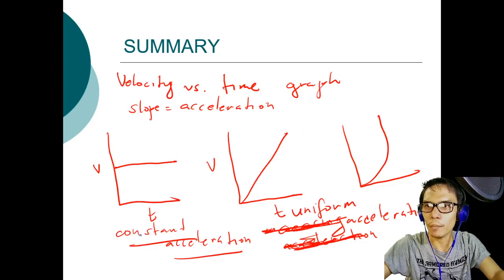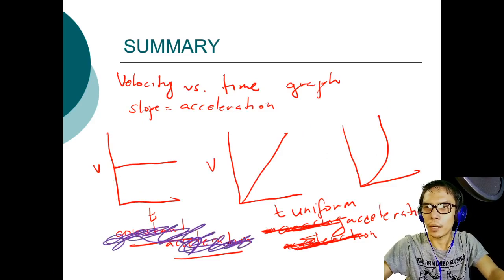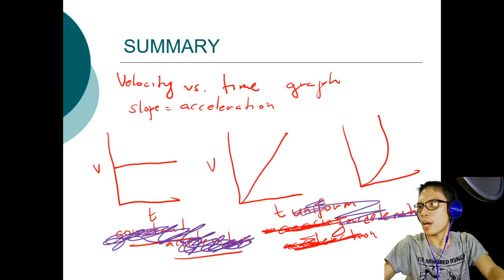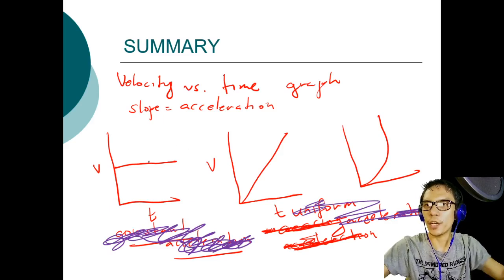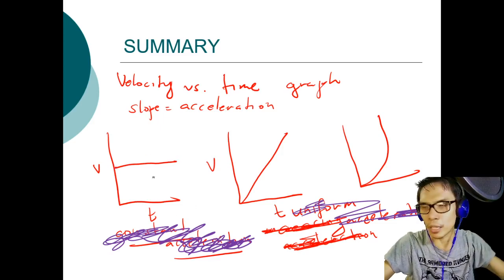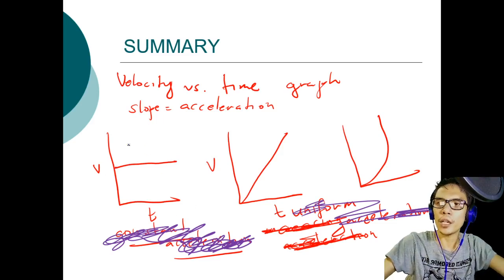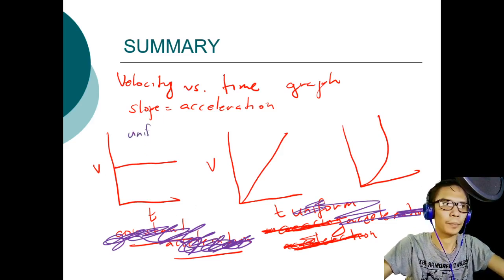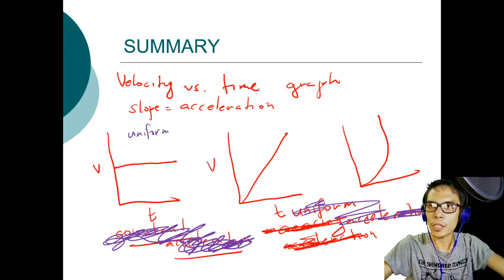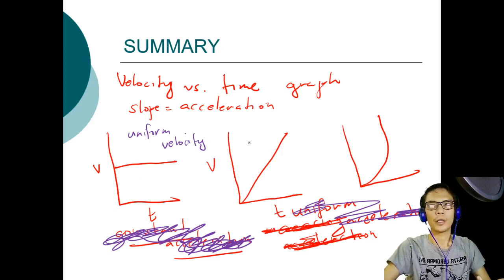Let me repeat it one more time. If you have a velocity which is a straight line, but it is not a slope, this is a uniform velocity. Meaning all throughout the given time period, the velocity doesn't change.